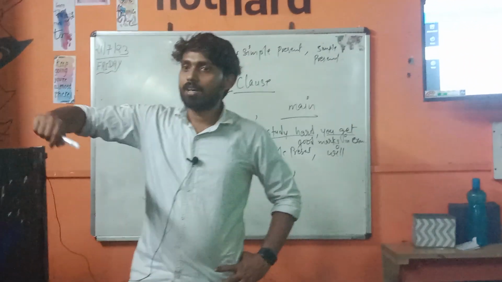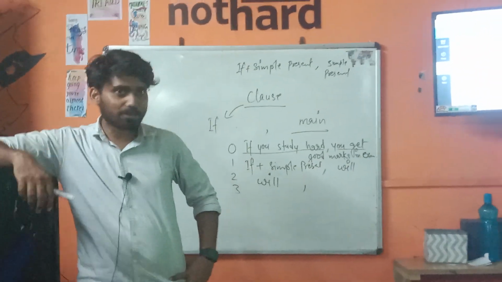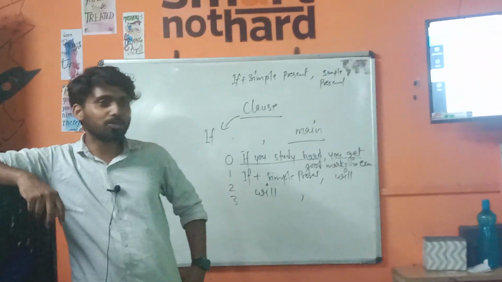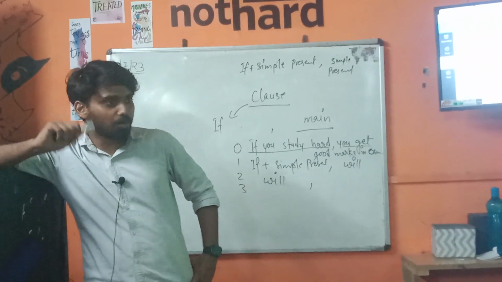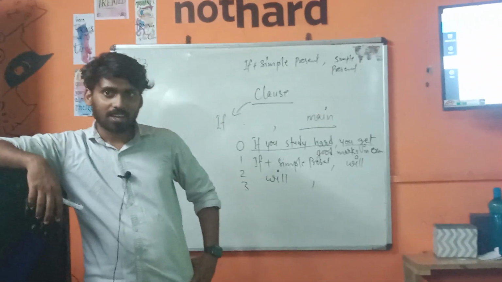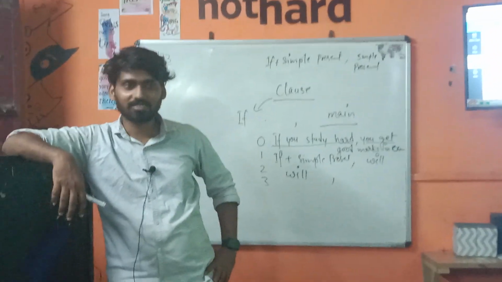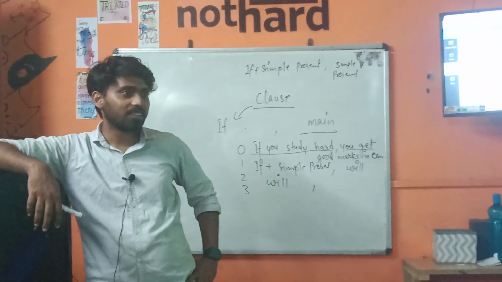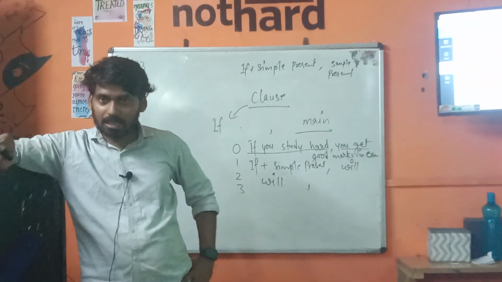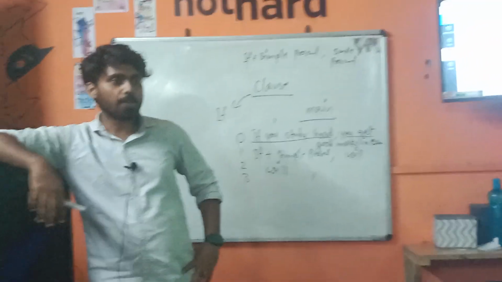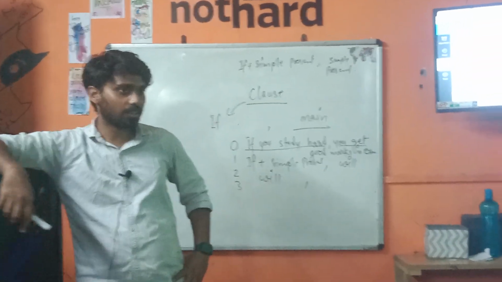For example, if there is a butterfly and you look at the butterfly and you say, if I were a butterfly, I would fly and I would come to your home. And in imagination we say, if I were prime minister, I would solve every problem of the country.